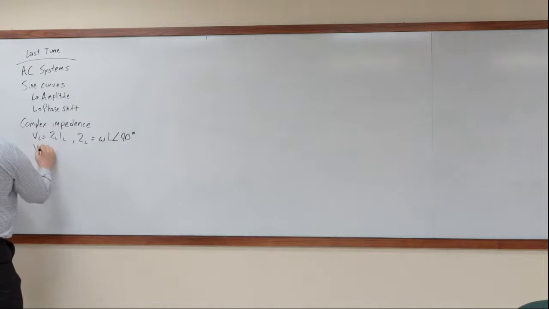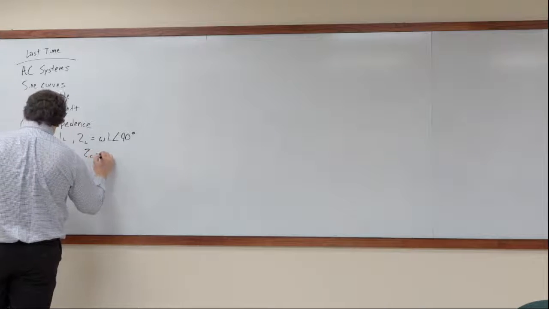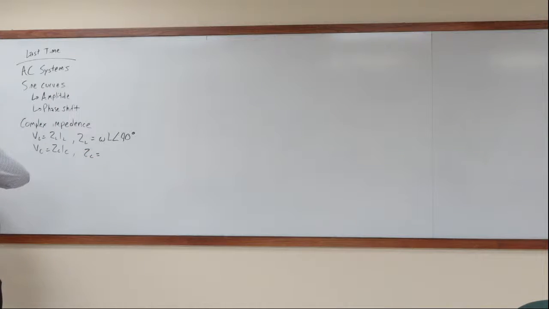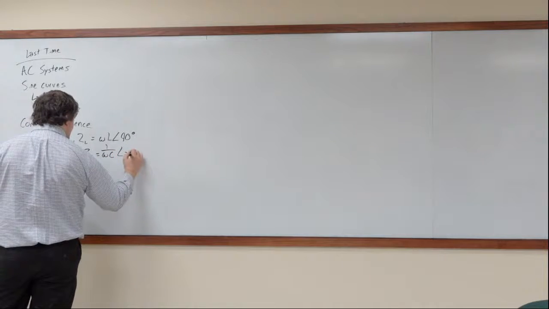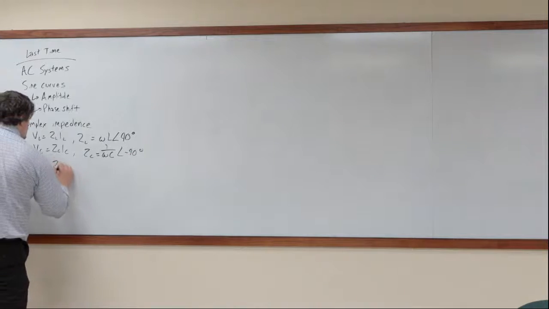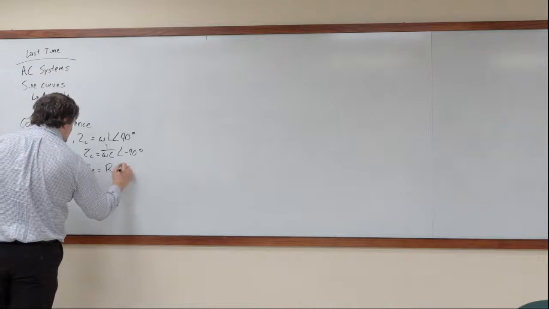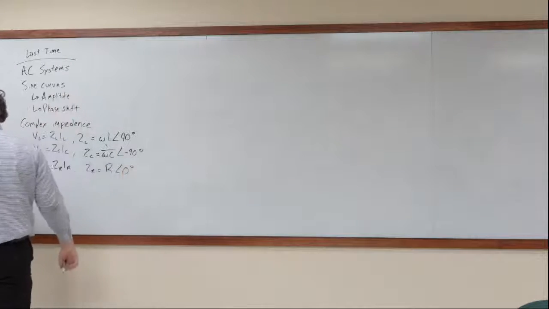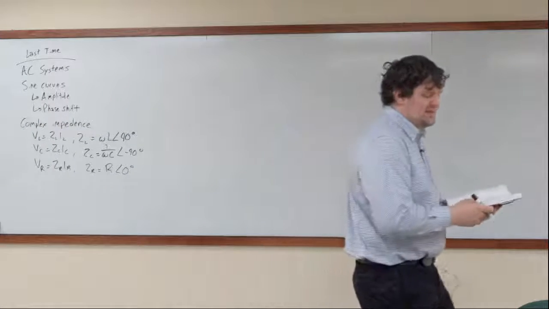Then you have VC is equal to ZC IC, where ZC is equal to one over omega C at an angle of negative 90 degrees. And then VR is equal to ZR IR, where ZR is equal to R at an angle of 0 degrees. Okay? Because it's in phase.